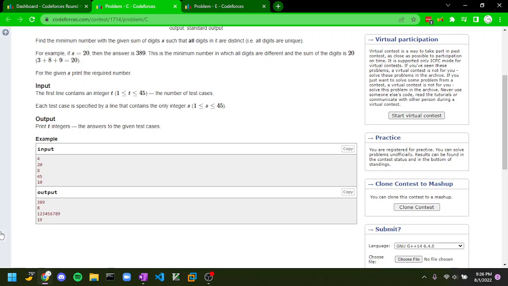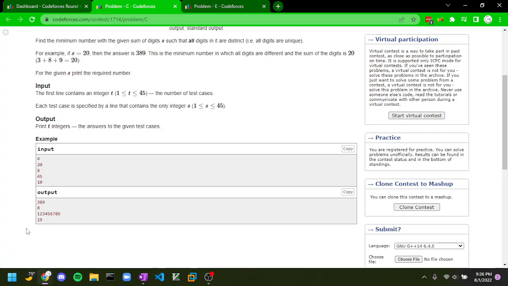Sorry, let me rephrase that. Okay, we want to find the smallest number where the sum of all their digits is equal to s, and also all their digits are distinct. Yeah.